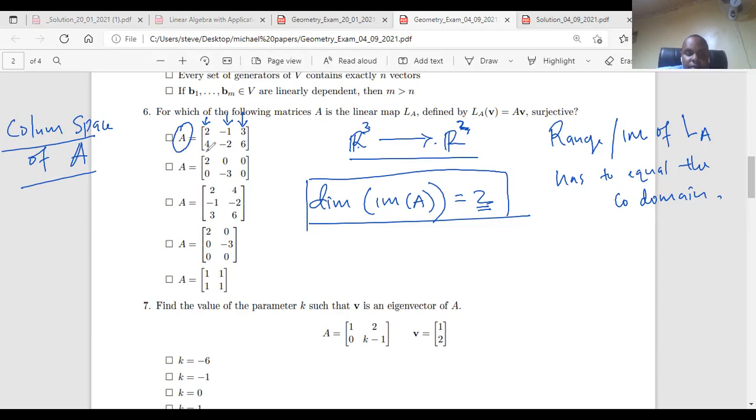And so the basis is just (2,4). We only have one basis vector for the column space of A, so the dimension of the image of A is 1, not 2. And so this is not surjective.